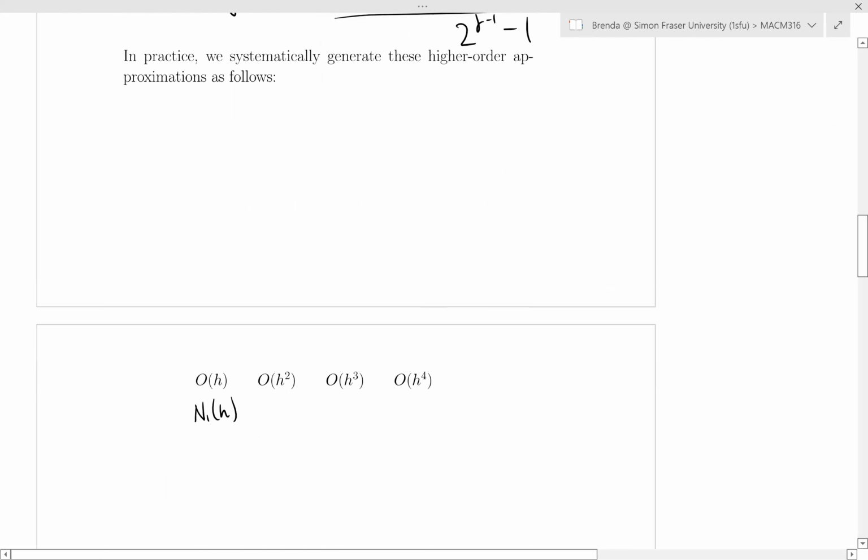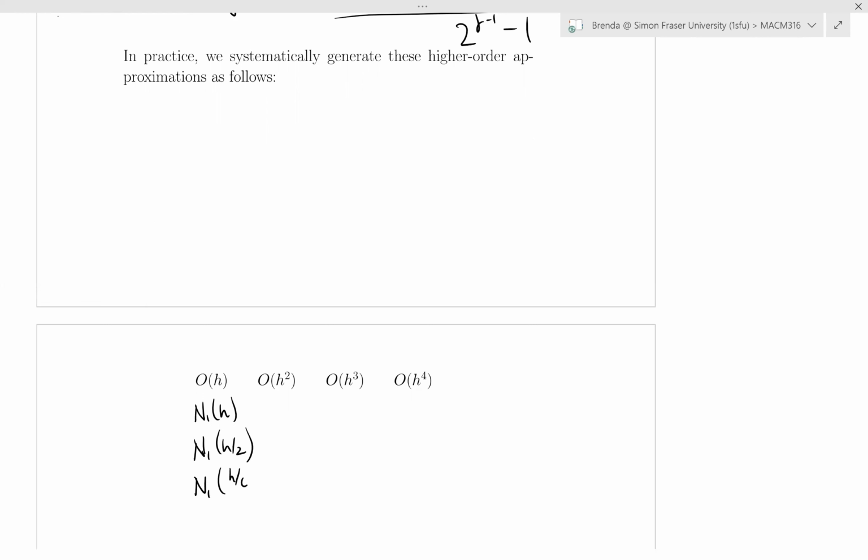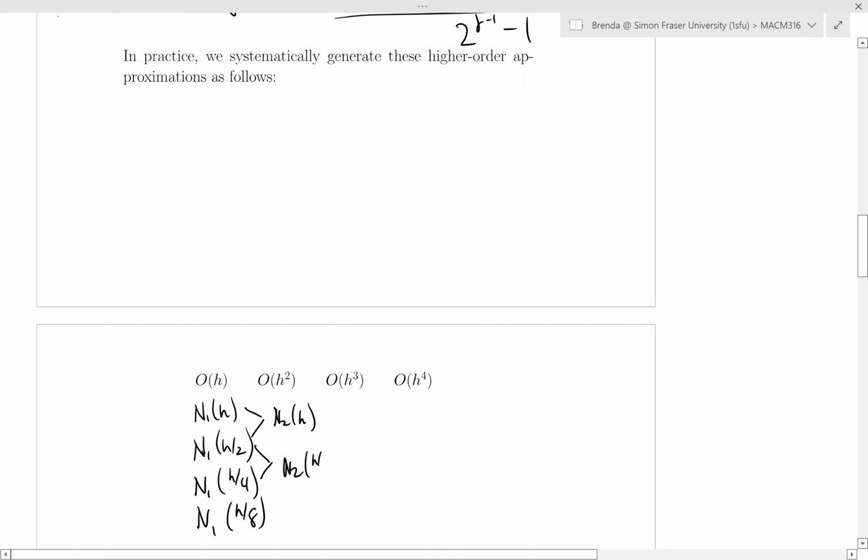Then you have an additional approximation, and you can have as many of these as you want. And each time you're reducing the step size. Then you combine these two and you get N2 of H, and these two, N2 of H over 4, and these two, N2 of H over 2.